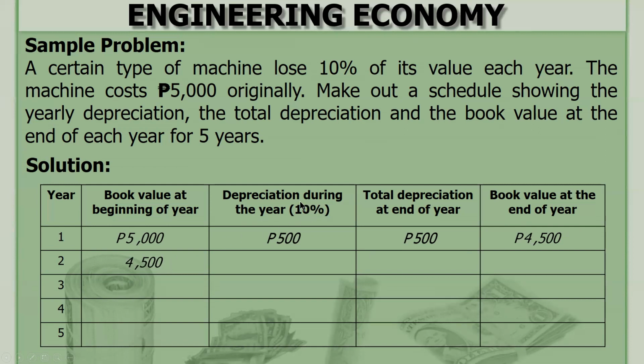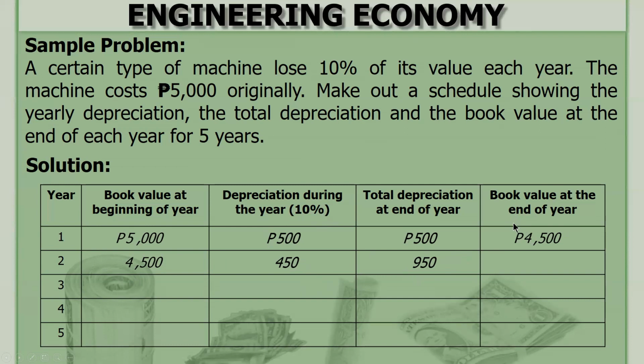And then depreciation of 10%, so mo-decrease siya by 450. So after 2 years, the total depreciation will be this one, 500 plus 450, 950.